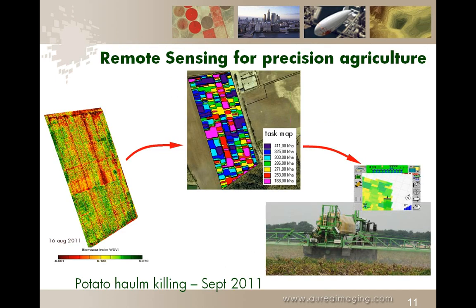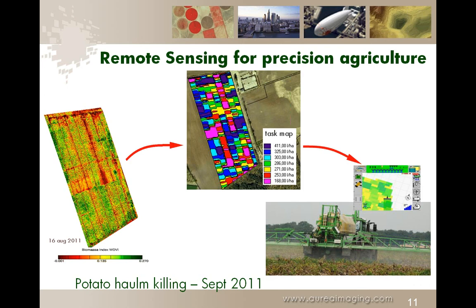So what we did is use this WDVI map, this biomass index, to make a task map. Here every color means an amount of liters per hectare of herbicide, and it has been applied on the field at a variable rate. For the first time in the Netherlands, we have been able to do this.